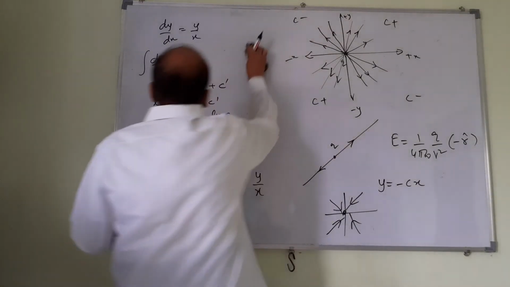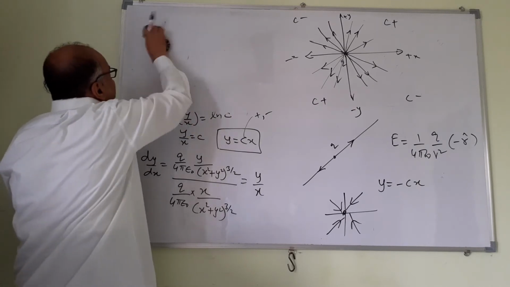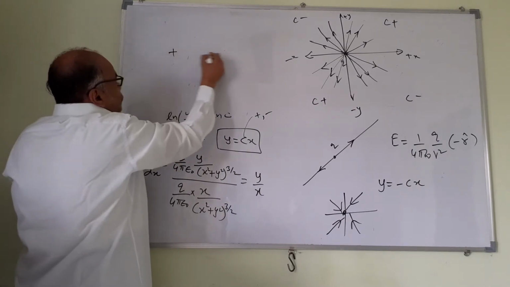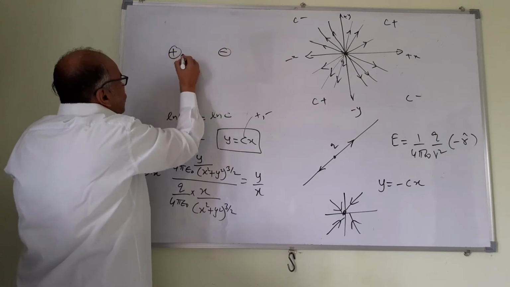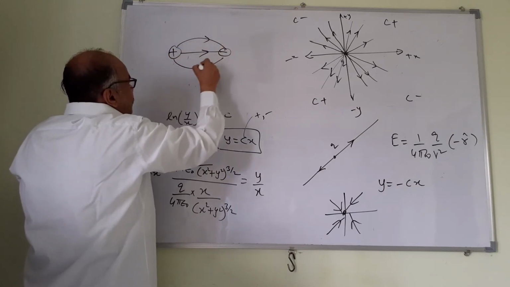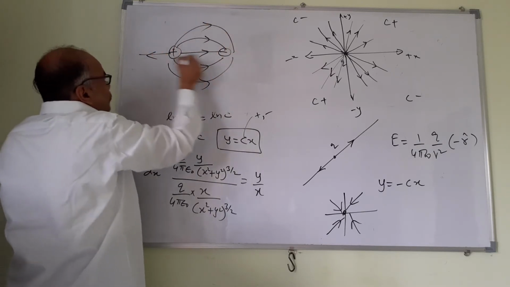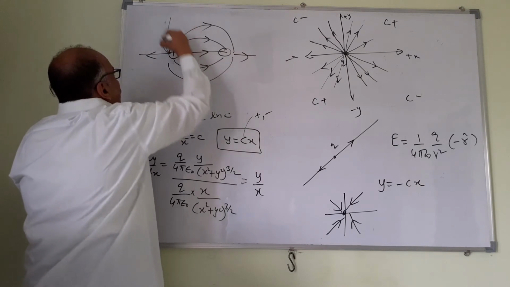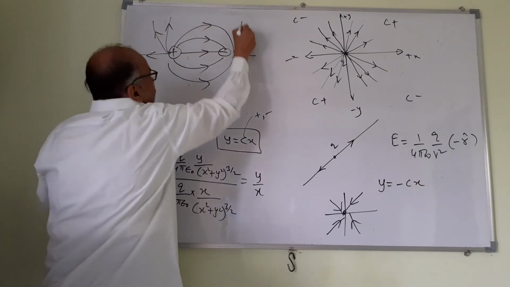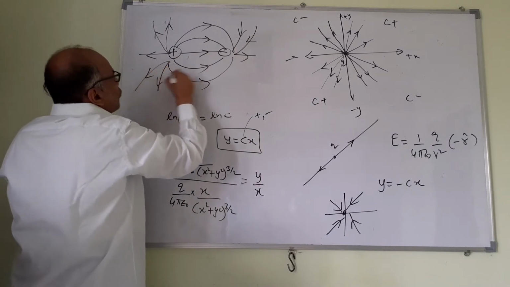If you had, for instance, two charges, one positive and one negative, the line of force would start from the positive charge and terminate on the negative charge. That is how the lines of force would be.